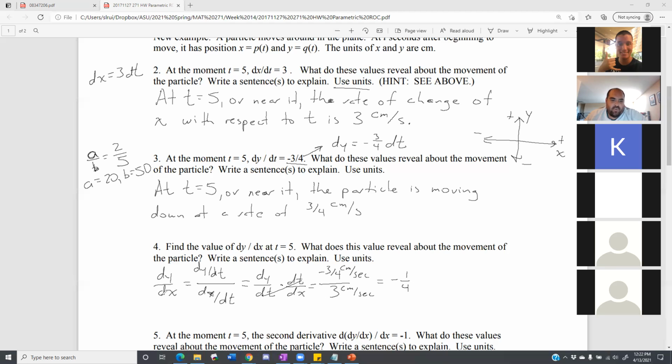Let's just talk about this. What does dy dx mean? Rate of change of y with respect to rate of change of x. Right. And what specifically do y and x represent about this particle? Position, displacement. Right. Position.